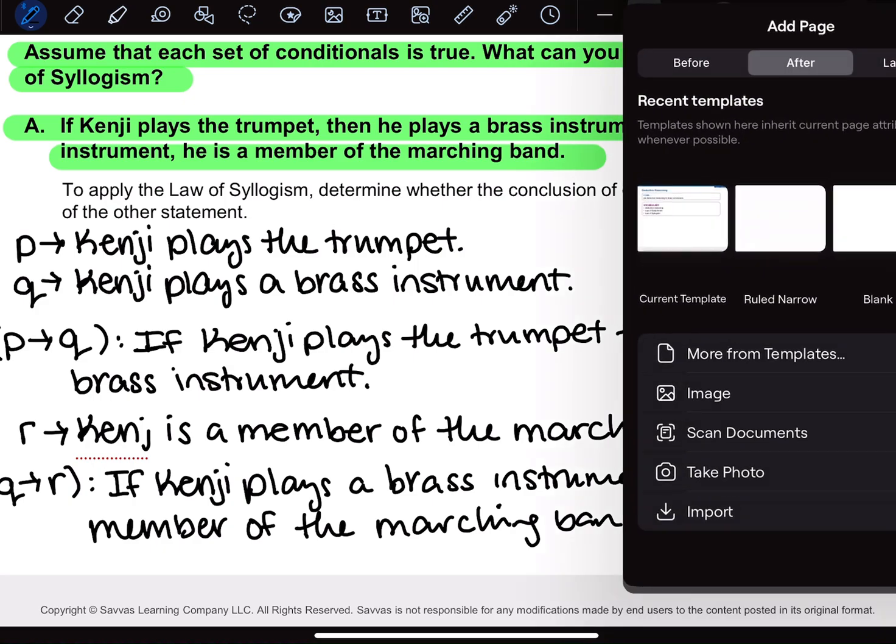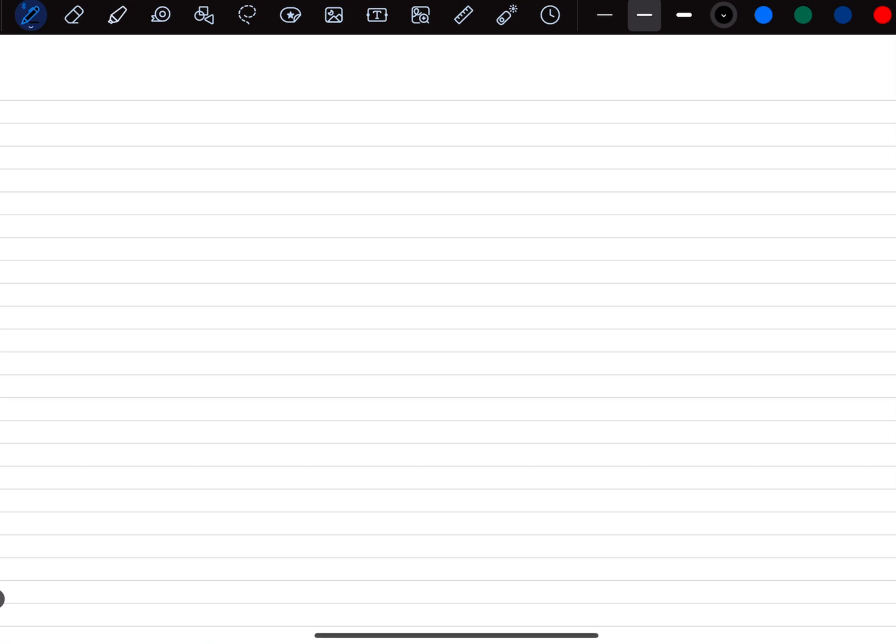So I'm going to add a separate sheet of paper.